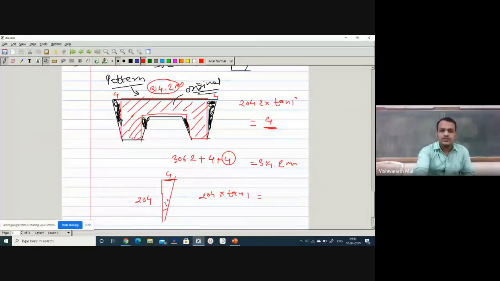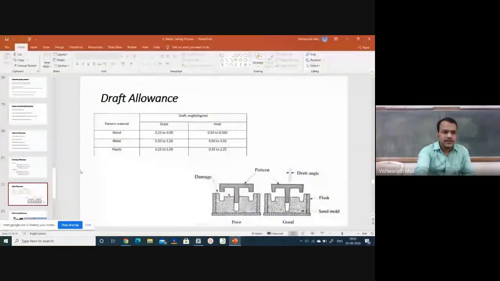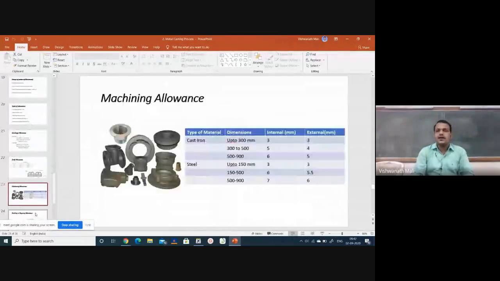Now moving towards the next, the machining allowance. Here I have added the machining allowances. If suppose it is cast iron, so for the internal 3 mm, external 3 mm is given. For 300 to 500, these are the dimensions given. These are the machining allowance. What is the machining allowance?